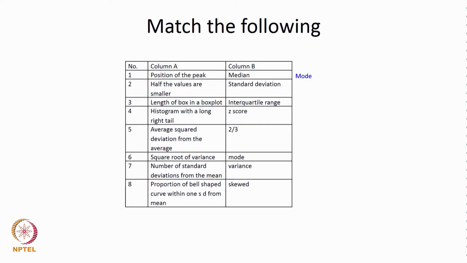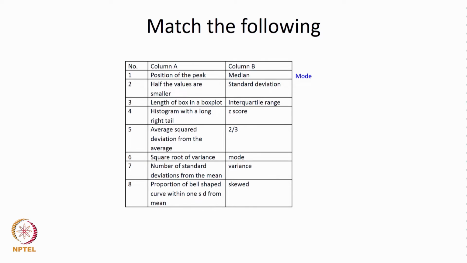The second one, we see half the values are smaller. If we look at the alternatives, when we say half the values are smaller, we are looking at the middle value, assuming that these values are sorted, so that half the values are smaller. The moment we look at middle values, it can only be a measure of central tendency.